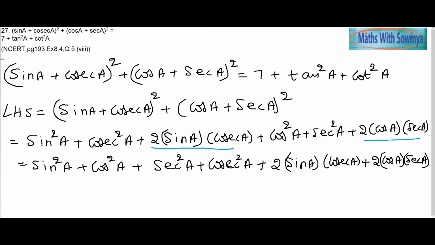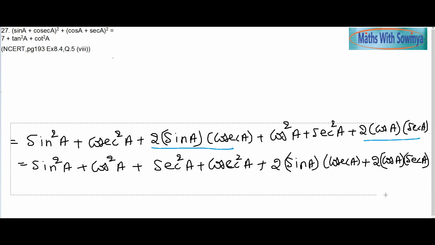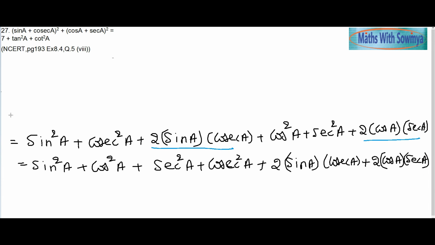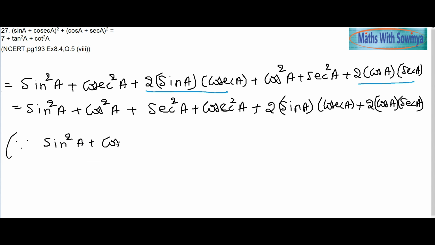Now we will apply the formula for all this. Now we know that sin square A plus cos square A will give us 1. What is secant square A?